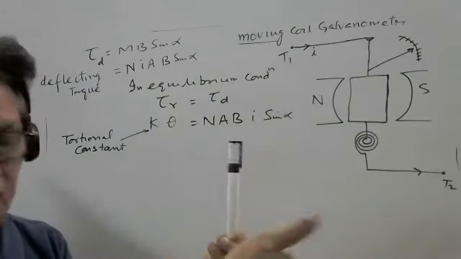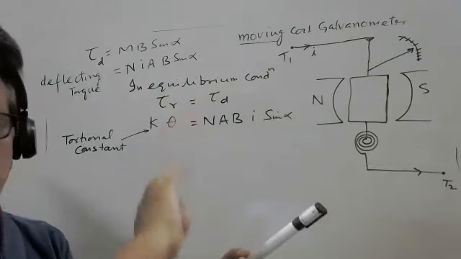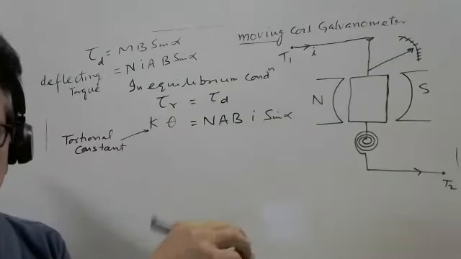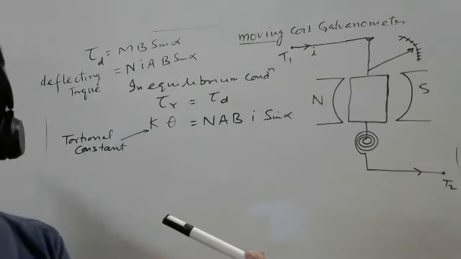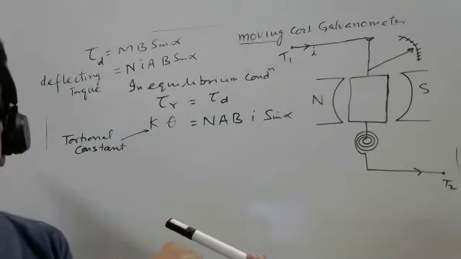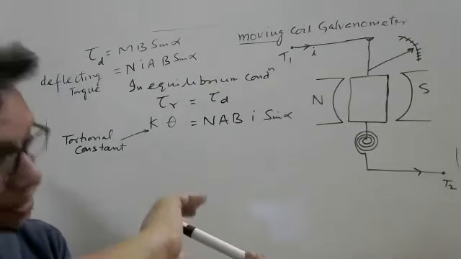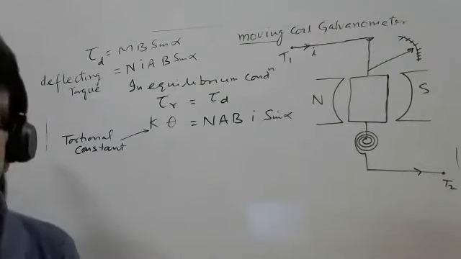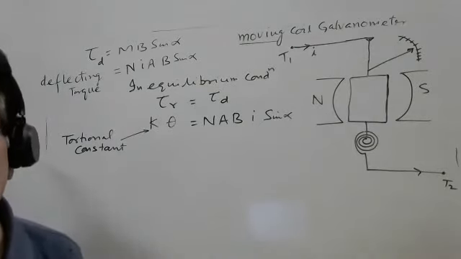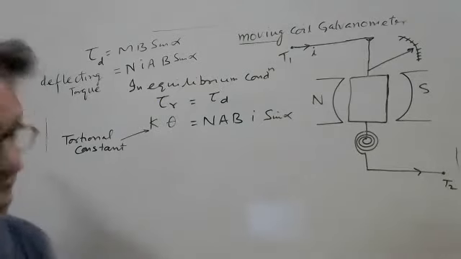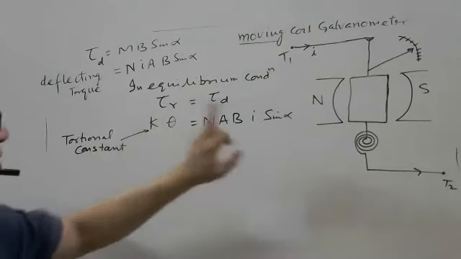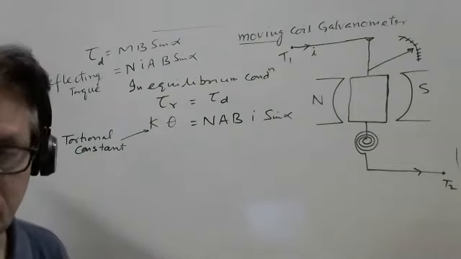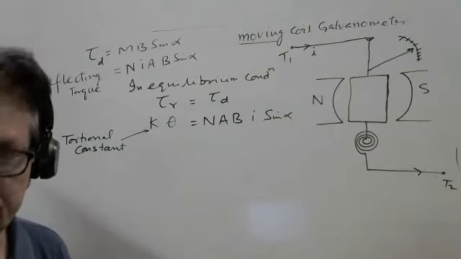If we change the polarity of current, deflection comes to the left hand side or anti-clockwise, then restraining torque will be clockwise. So we can say restraining torque and deflecting torque are always in opposite directions. In equilibrium condition, they are just equal and opposite. At the final position, we can measure the current.